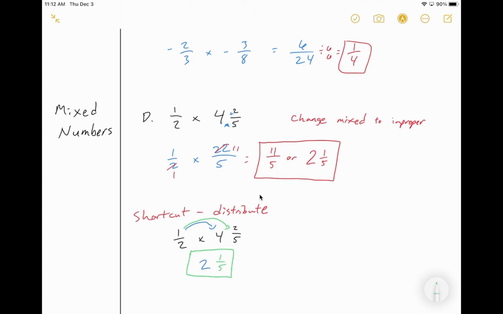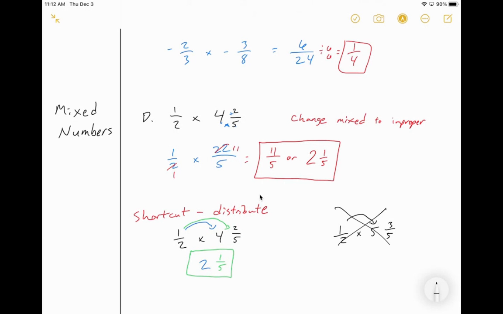What if this was, instead of 2/5, this was 3/5? Wouldn't that be kind of harder, right? Now I have to take half of an odd number, and that wouldn't work out so well. So let me show you that real quick. If I tried to take 1/2 of like 5 3/5, 1/2 of 5 gives me another fraction, and I don't want that, right? So it wouldn't work here.